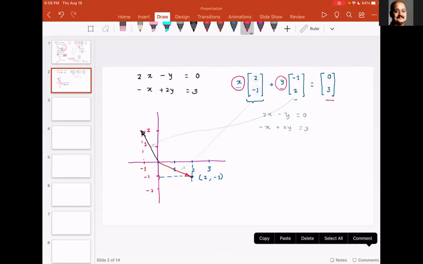Some of you may say that doesn't make sense at all, but here is the point. I want you to think about this resultant, the linear combination of these two vectors.